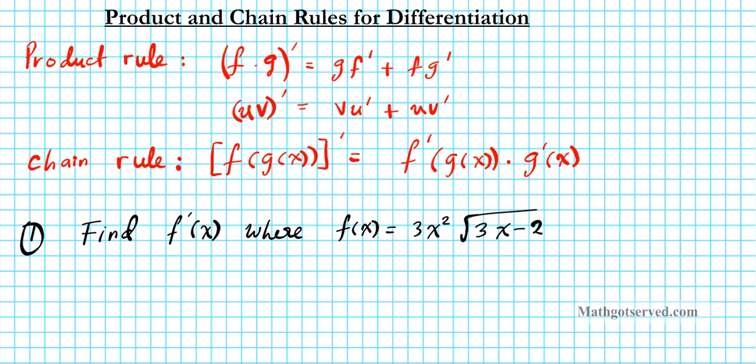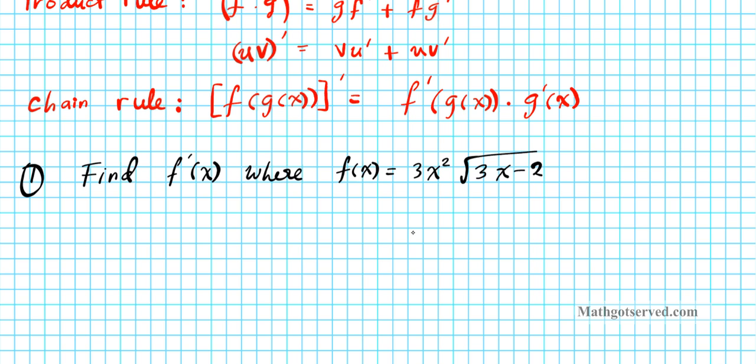All right, so I can clearly see that I have to use the product rule here because we have a function being multiplied by another function. And it's obvious also that I have to use the chain rule because the second function is a composition of two functions. It is a composition of a radical function on the outside with a linear function on the inside. All right?